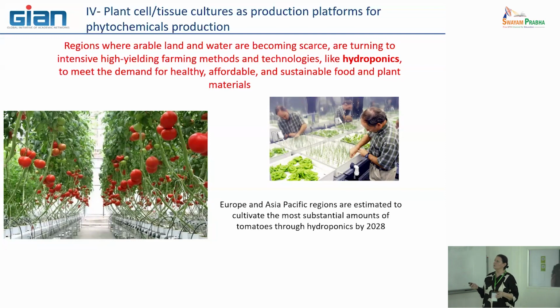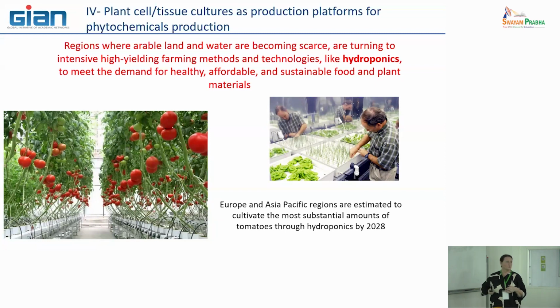These technologies are diverse, and one of them, hydroponics in general, has already been well developed, and it matches all the criteria that we need to meet: healthy, affordable, sustainable, and also producing plant biomass.